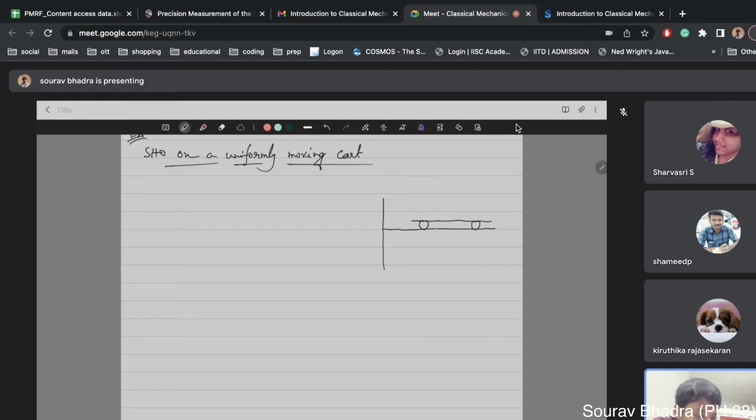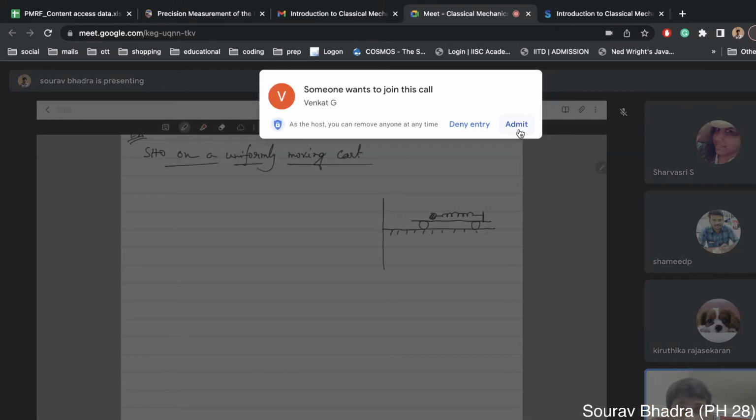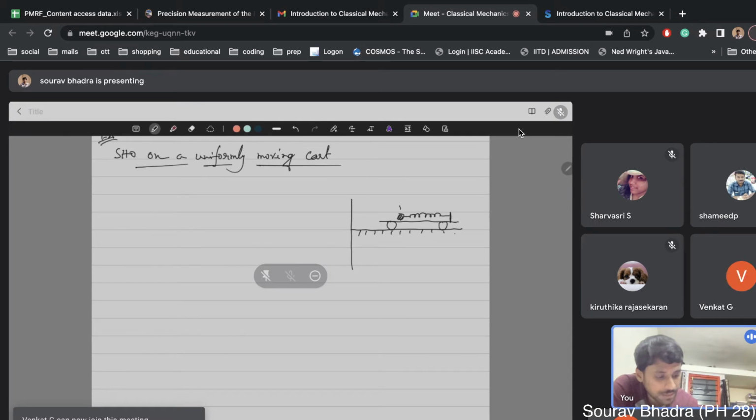Okay, so the cart is moving along the x-axis on this particular surface, and here there is a spring and mass system associated with this particular cart. So this is the spring and mass system, where the mass is m and the spring constant, let it be k. Okay, so this is the thing.